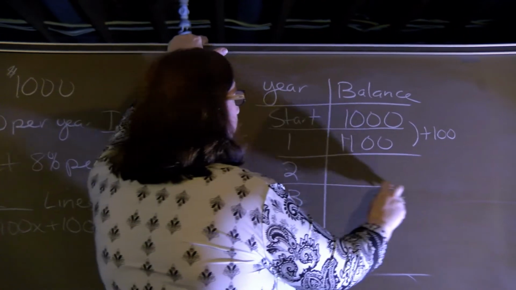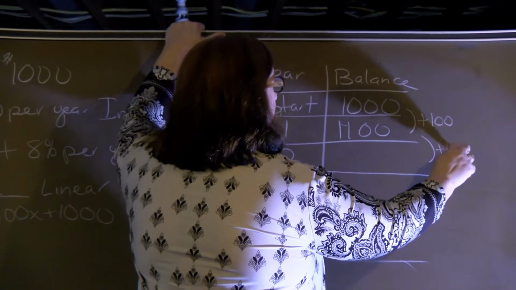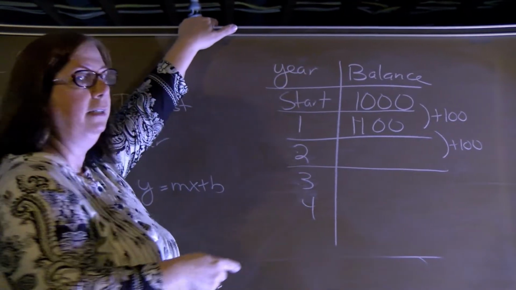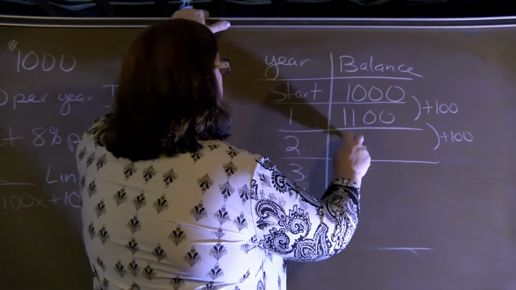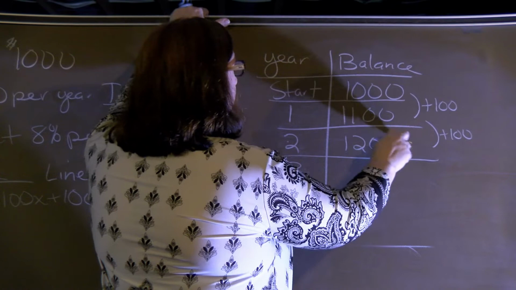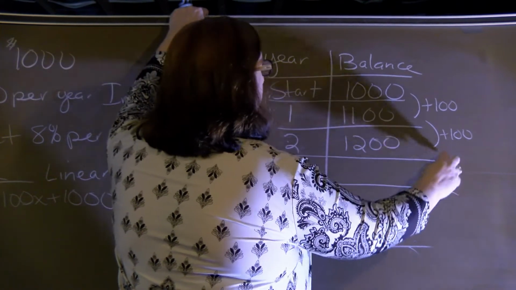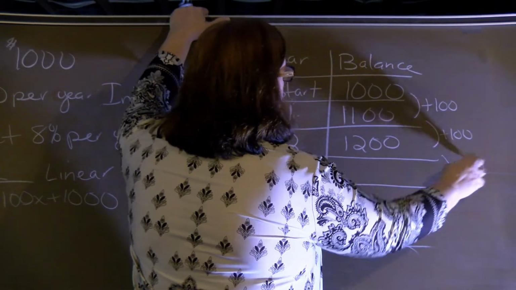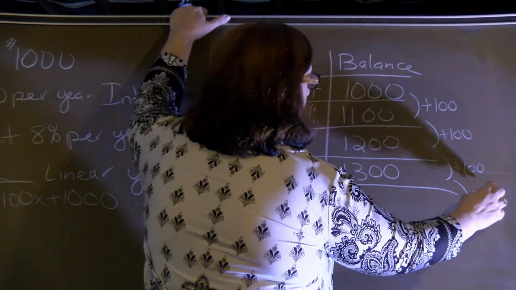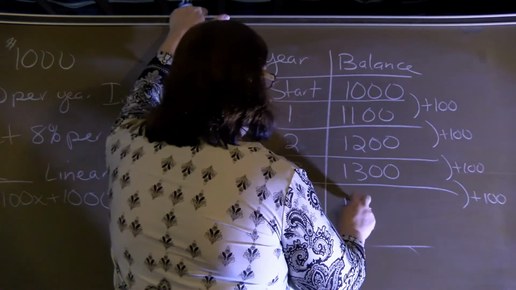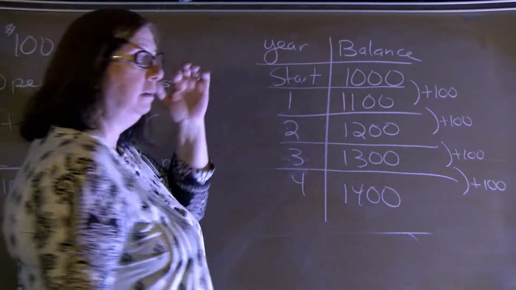The second year, we're adding another 100. That's why it's linear. It's the same amount each time. So we have $1,200. The next year, $1,300. And the last, $1,400.